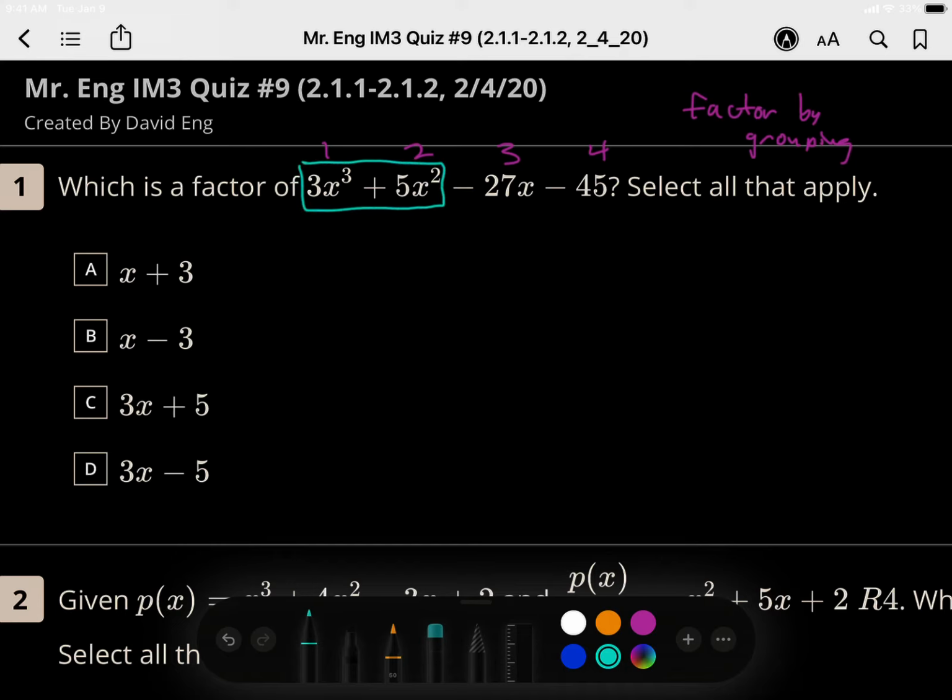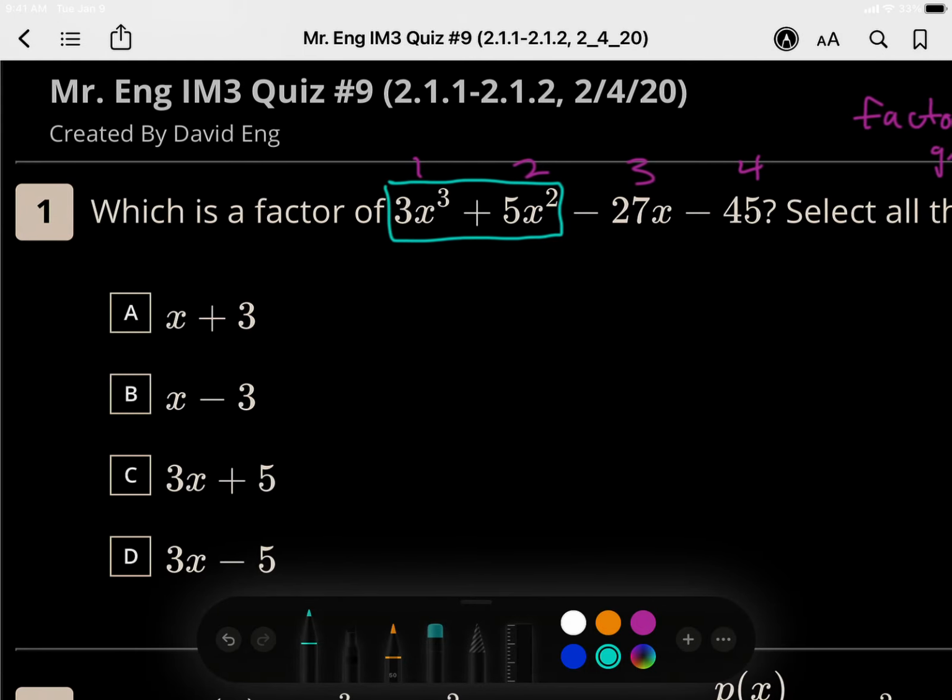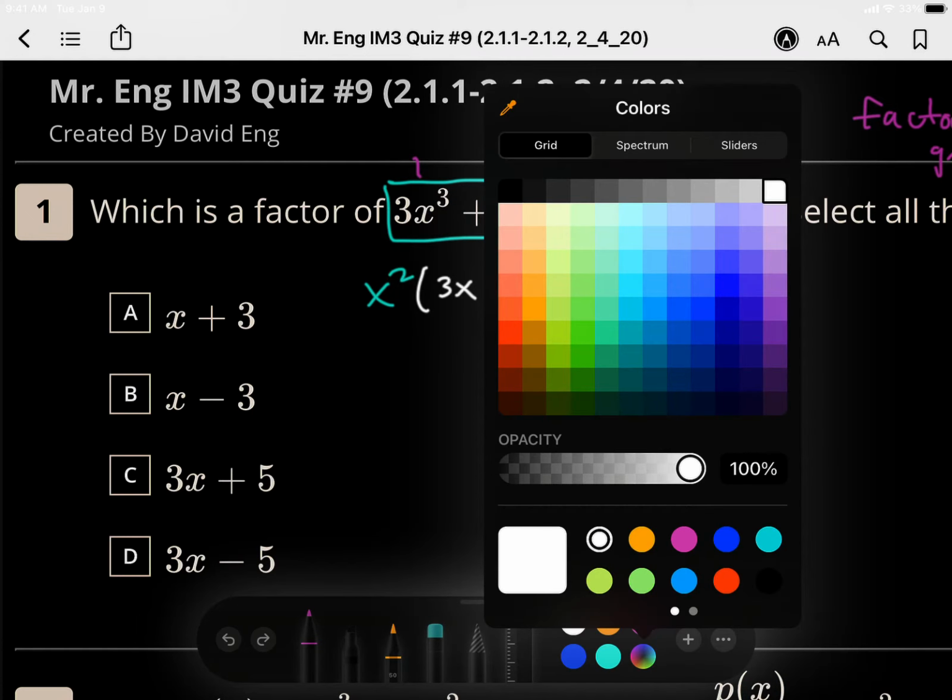Here in blue, my common factor is an x squared, and I'm left with 3x plus 5. Remember, you can always distribute to double check your answer. And then over here, let's use green.